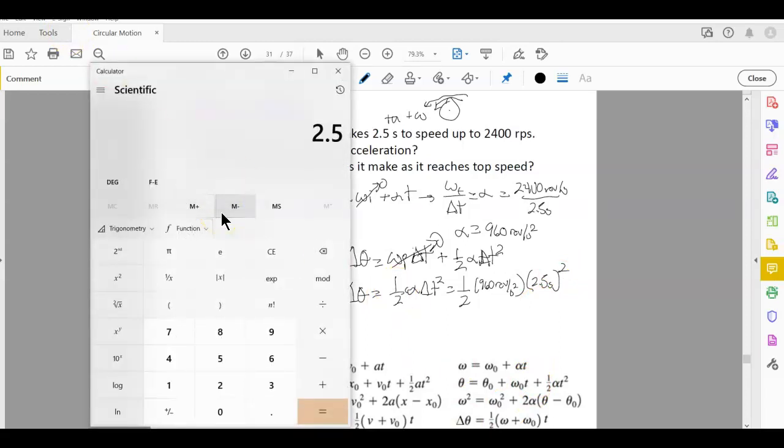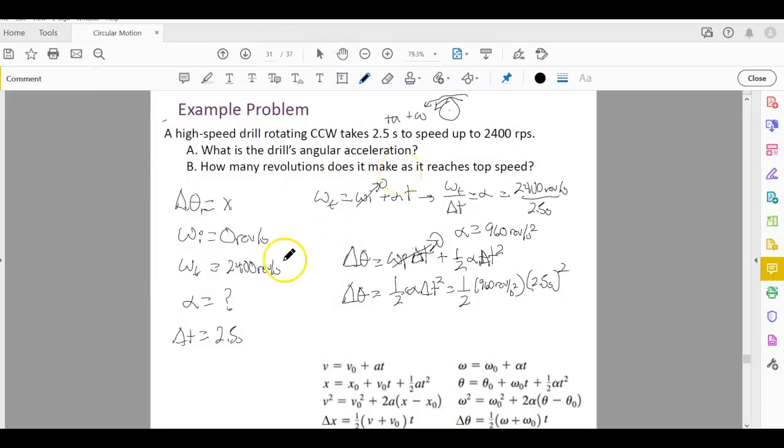So 2.5 squared times 960, 6,000, divided by 2, 3,000. So this is going to go through 3,000 revolutions. Wow. This is going to spin 3,000 times over 2.5 seconds. That's amazing.